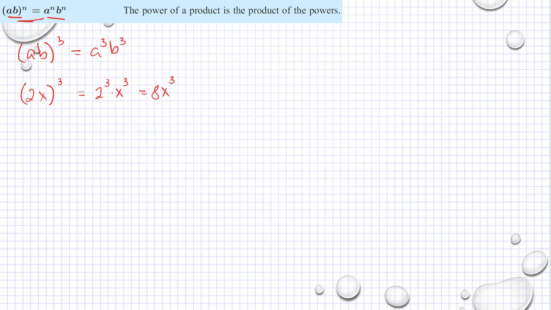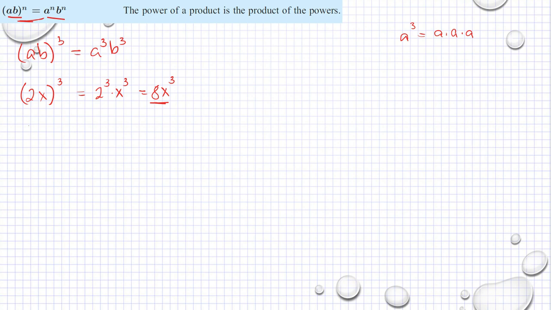I will explain now how we can get this product. Remember once again, if we have a raised to 3, it is the same as a multiplied by a multiplied by a.